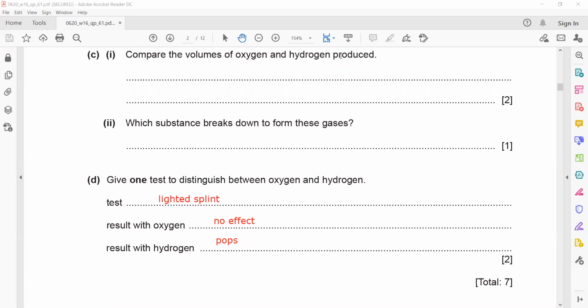But the other way around, if you want to write a glowing splint, with oxygen it will relight, and there is no effect with hydrogen. A glowing splint is a test for oxygen, and a lighted splint is a test for hydrogen. So any one of them you have to mention.